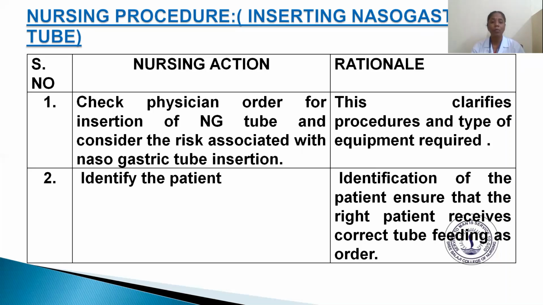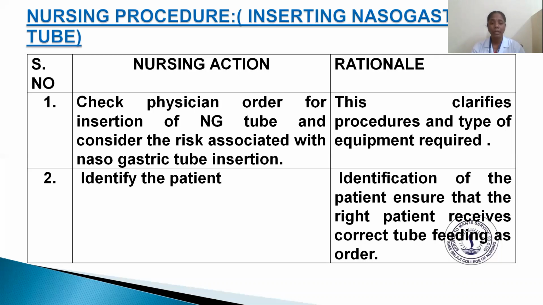This gives more clarification to the nurse, because if you do not check the physician order, what will happen? If it is a small child, you might select a big nasogastric tube. What will happen with an adult nasogastric tube? It is difficult to manage and difficult to insert.